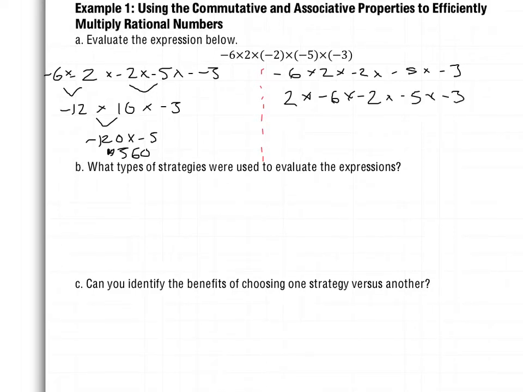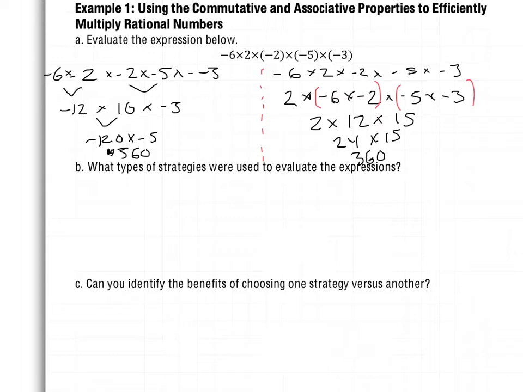So they've used the commutative property and then use the associative property to go ahead and pair up all of their negatives. That way they know that it's going to be a positive. So 2 times 12 times 15. Maybe we'll do this one first. 24 times 15. And that gives us 360.